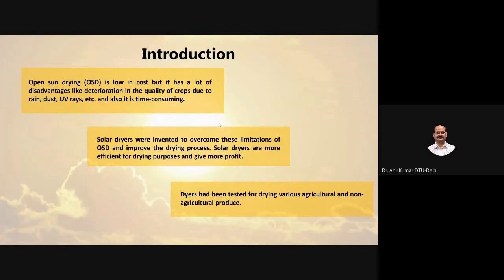In open sun drying we have some problems, and over there we cannot control the drying parameters. We cannot control the temperature, we cannot control the relative humidity, and most of the food products are of hygroscopic nature. So after a certain time, if the relative humidity of the surrounding atmosphere is higher, what will happen?